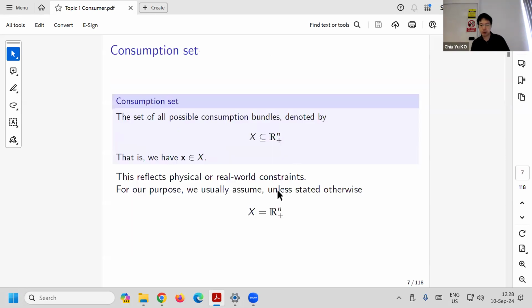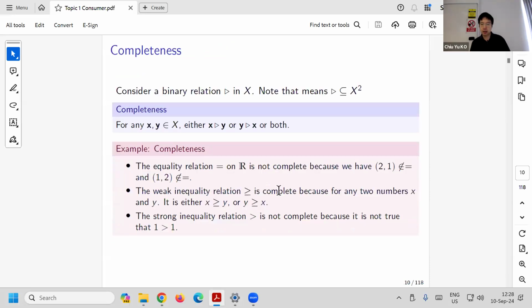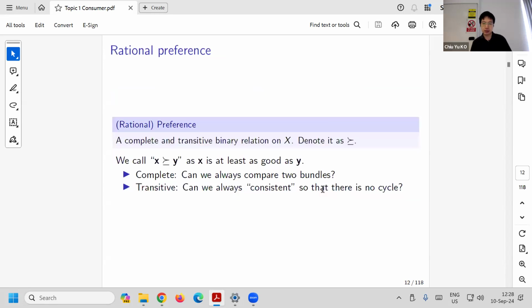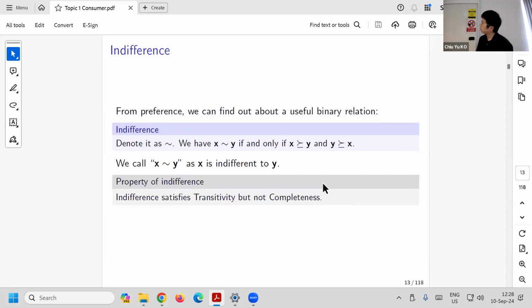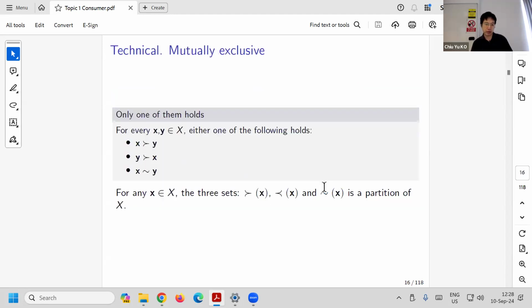And we talk about binary relations. It's complete: either x is preferred to y or y is preferred to x. And it's transitive: if x is better than y, and y is better than z, then x is better than z. And we call this rational. And we define indifference from the weak preference, and we can also define strong or strict preference.